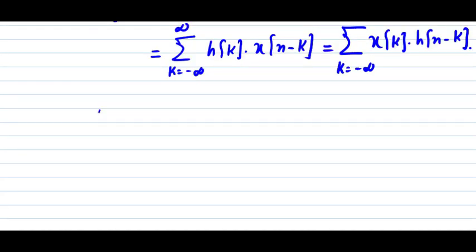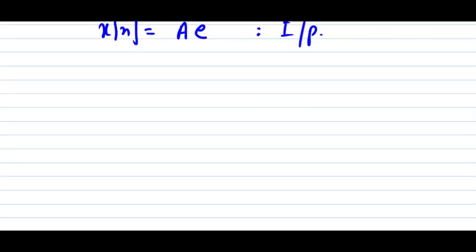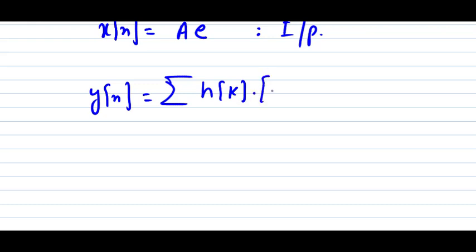Now assume that the input to this system, x of n, is a complex exponential function, meaning e raised to the power j omega n, with amplitude a. If this is the input to the system, what will be the output? The output y of n is equal to the summation, k from minus infinity to infinity, of h of k into a e raised to the power j omega times n minus k.